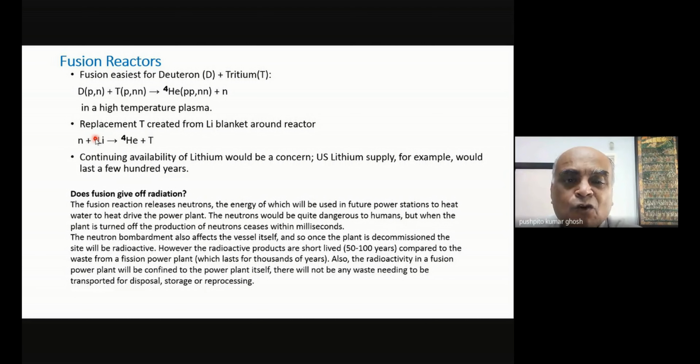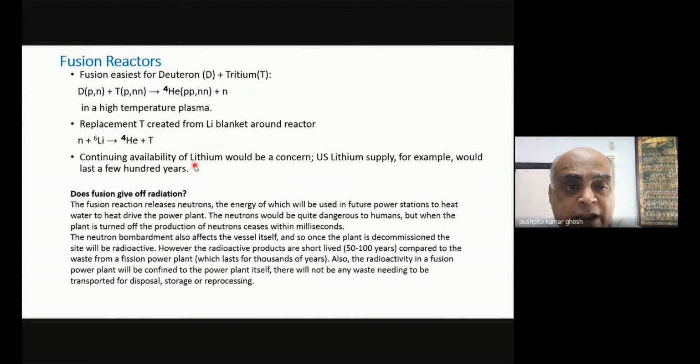So one of the future areas which the whole world will need to look at, and India will be in a good position because we have a long coastline, is: can we recover lithium from the sea, from seawater?